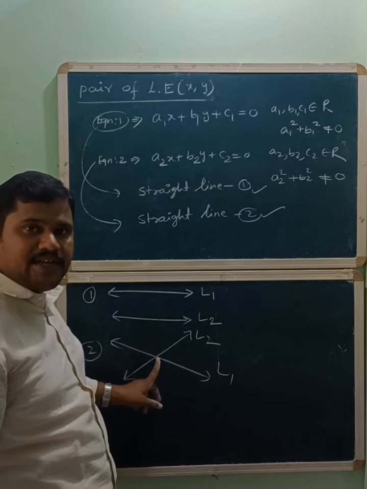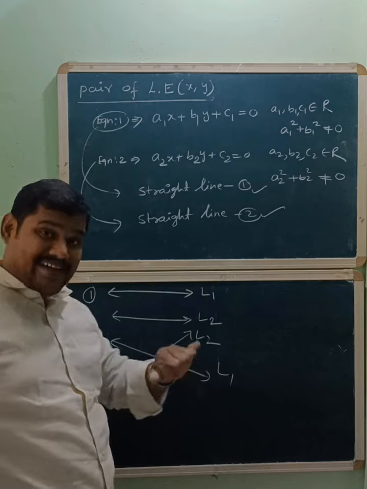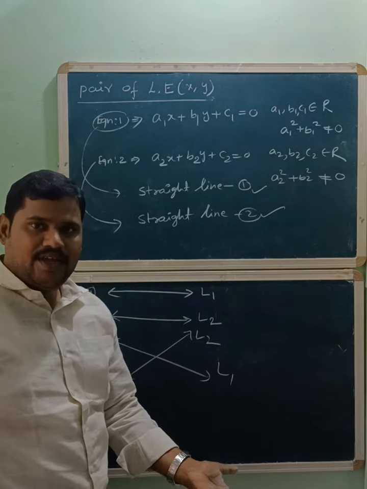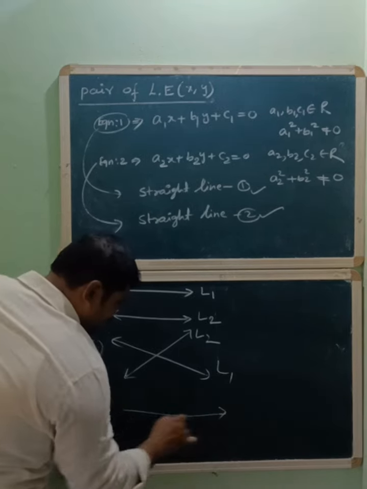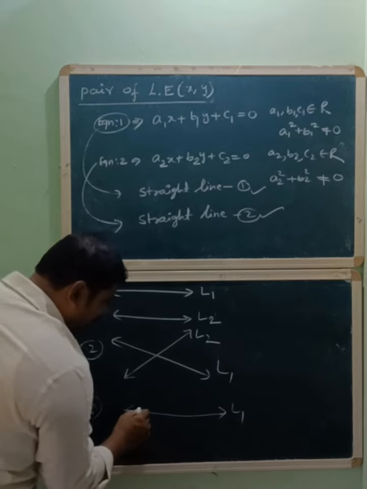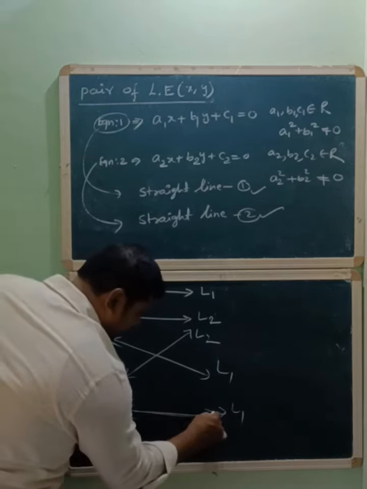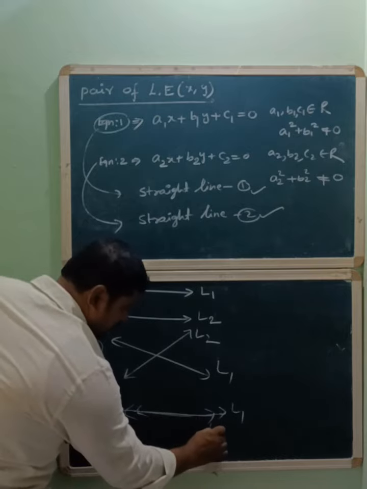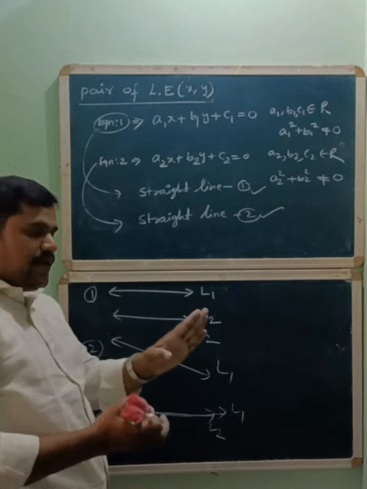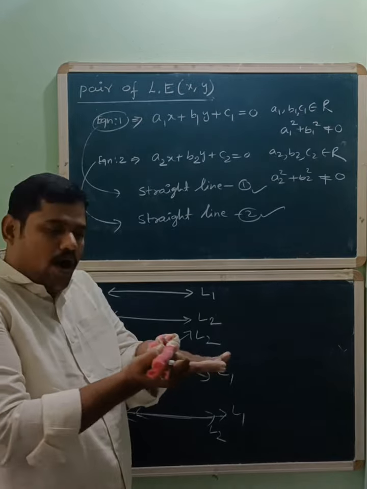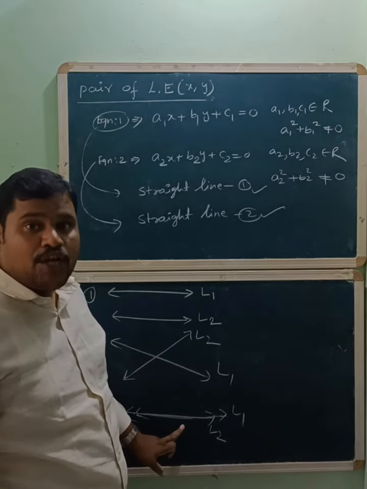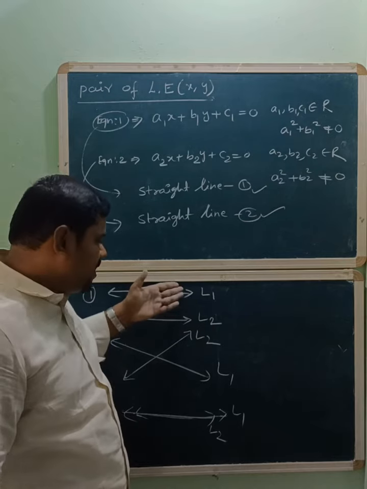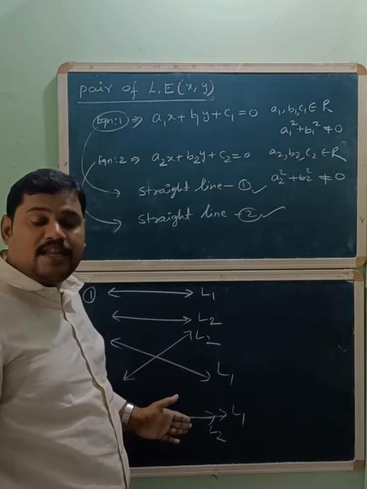This is another way. Now the third one: this is line 1, and on this one only I can take another line, line 2. One line on another means coincident lines. So here there are three possibilities.